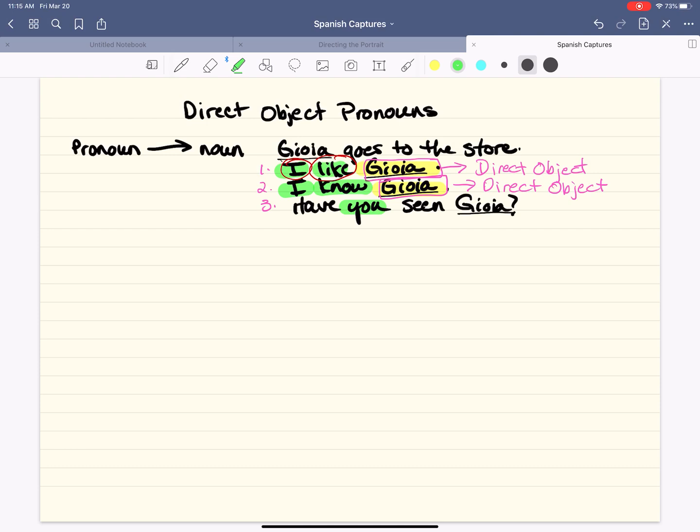The verb combination have seen, that's your verb. That is a compound tense. Have seen. And who have I seen? Directly receiving the action of my seeing is Joya. And once again, this makes her a direct object.